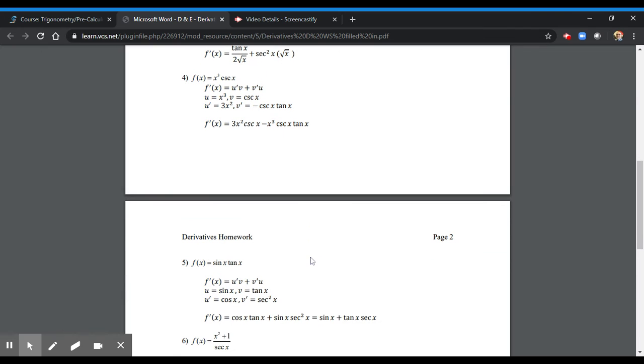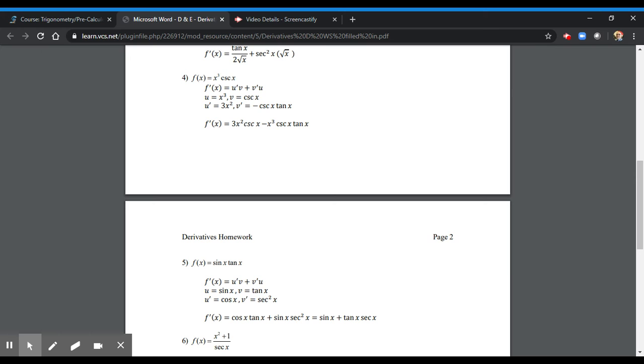Okay, move on to number 5 here. Sine of x times tangent of x. Again, use the product rule, where u is sine of x, v is tangent of x. From my list above, u prime, so my derivative of the sine is cosine.